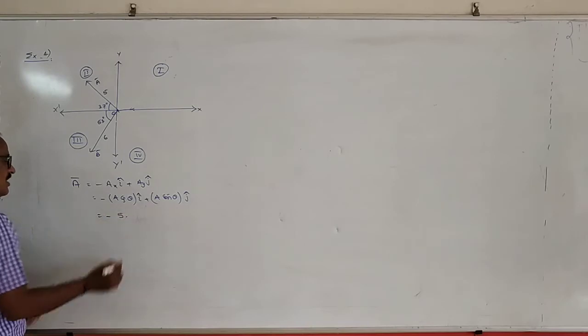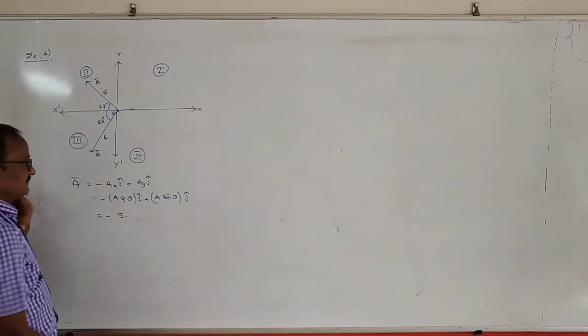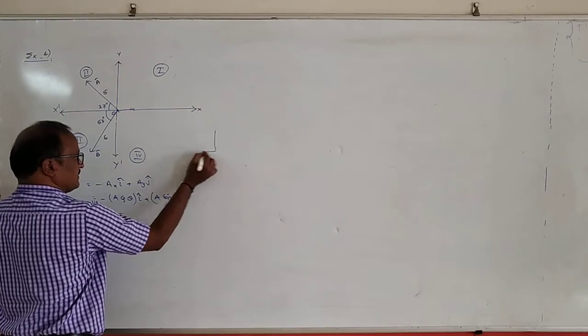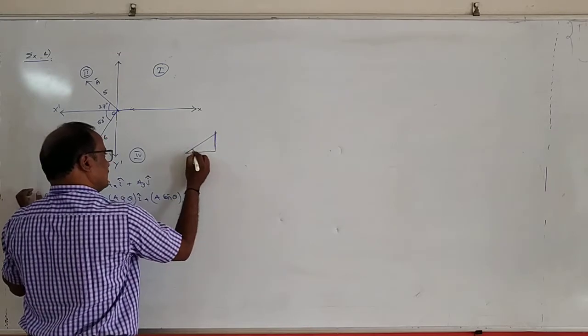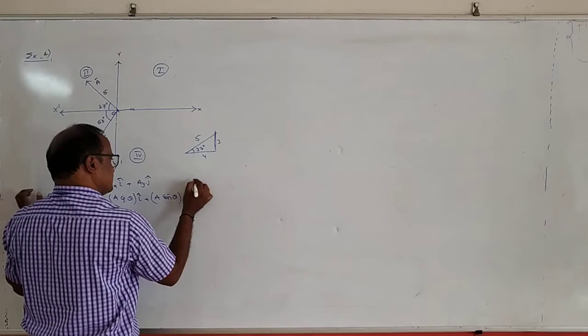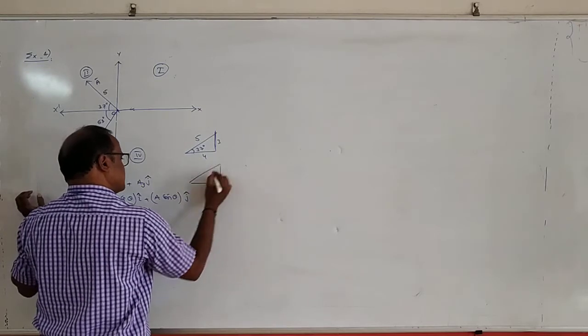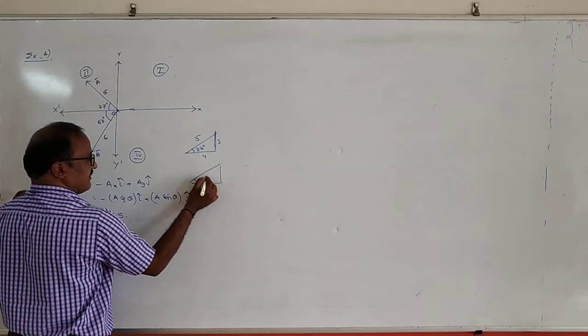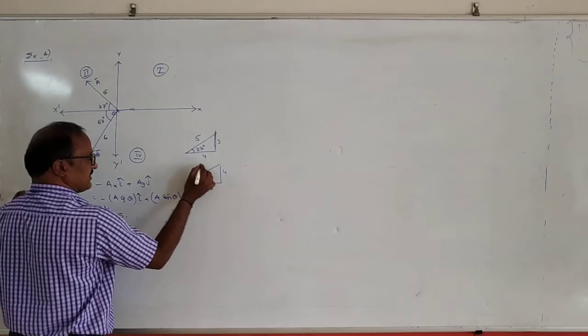A is equal to 5, into cos theta, which is cos 37. Take the right angle triangle here. Theta is equal to 37 means this is 3, 4 and 5. For example, in case the angle is equal to 53, this is 4, 3 and this is 5.